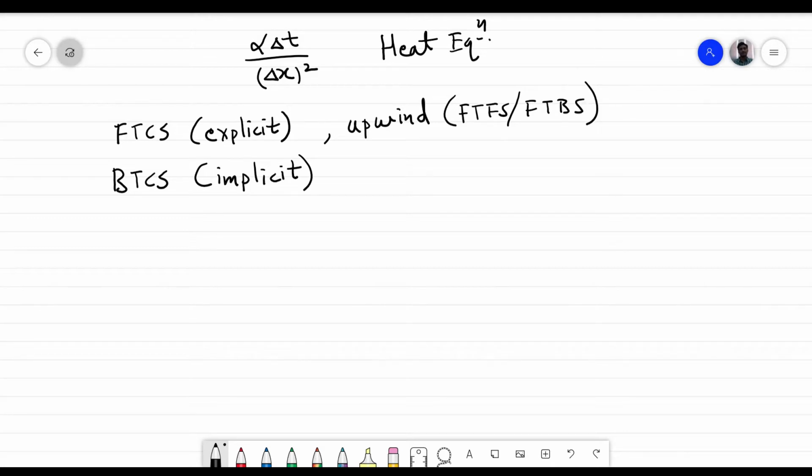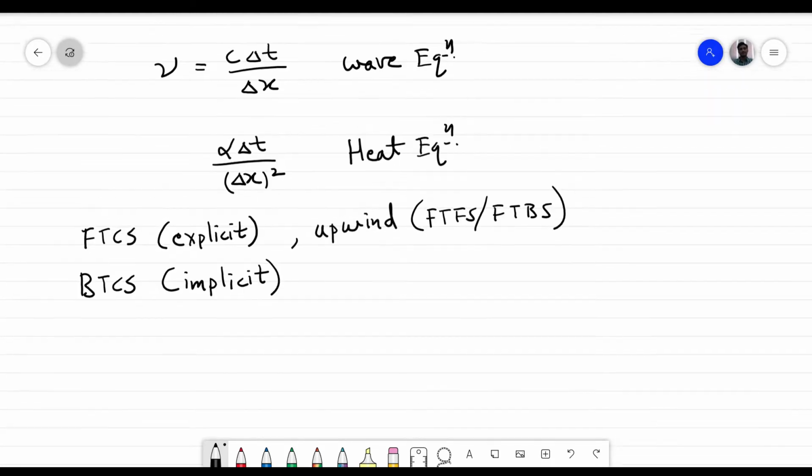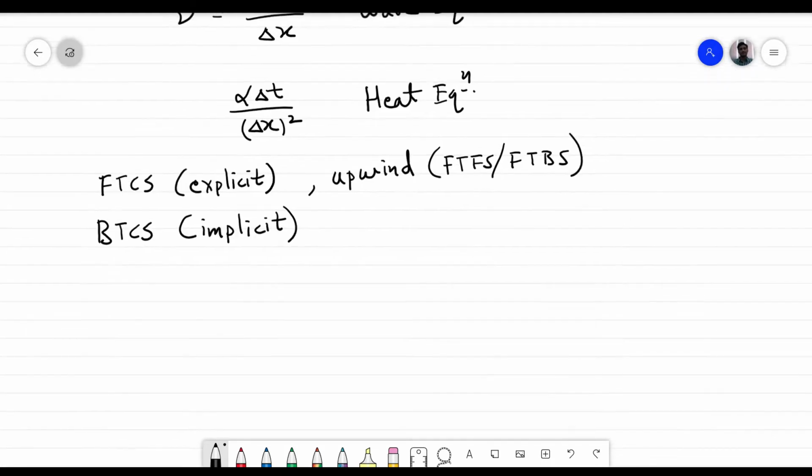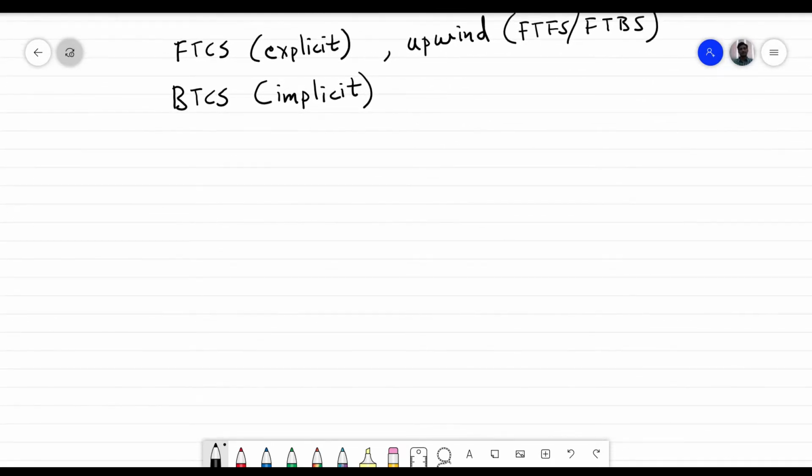So we had these several schemes and we wanted to find the best scheme for which our numerical solution does not differ too much from the exact solution.